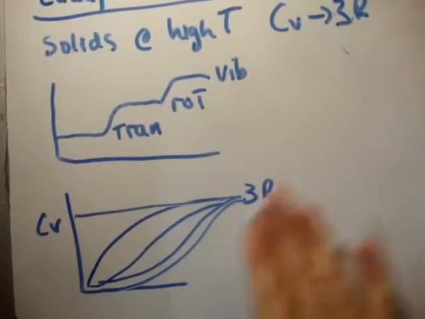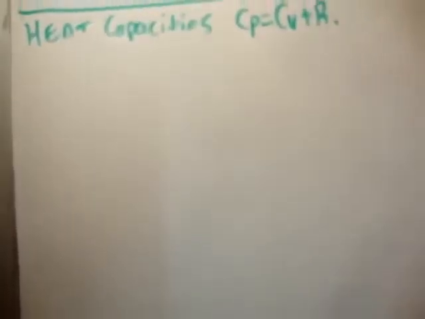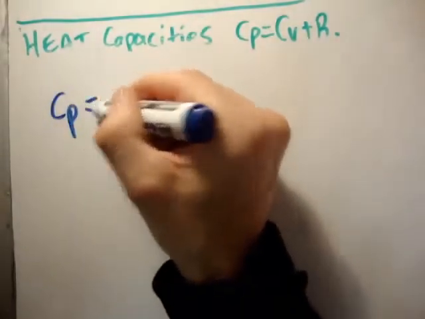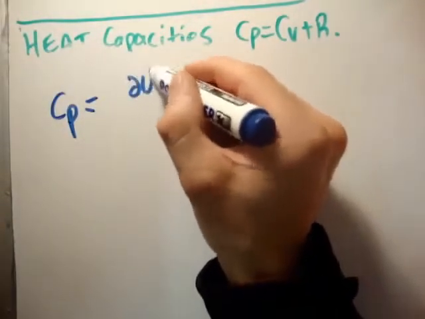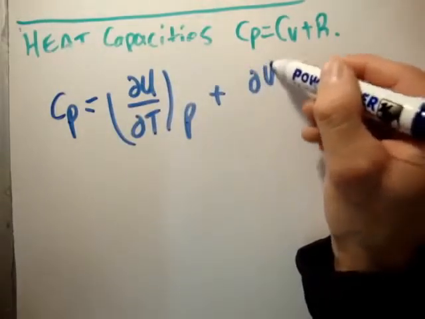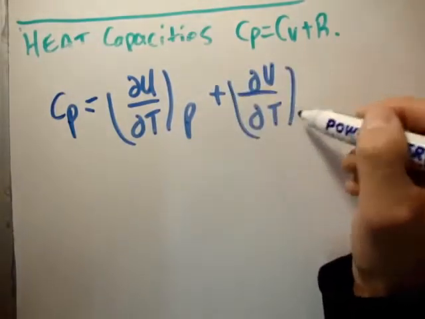I'm running out of time on my video, so I'm going to hurry up here and prove the final relationship. So we know that Cp, the heat capacity at constant pressure, is del U del T at constant pressure, plus P del V del T at constant pressure.